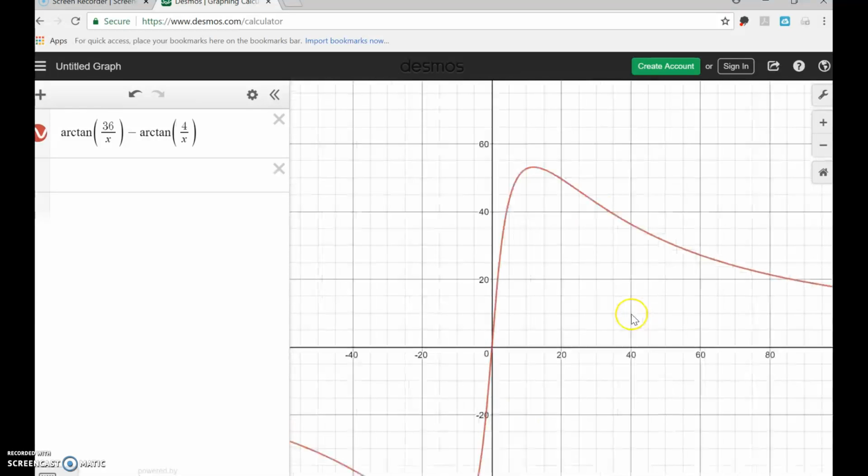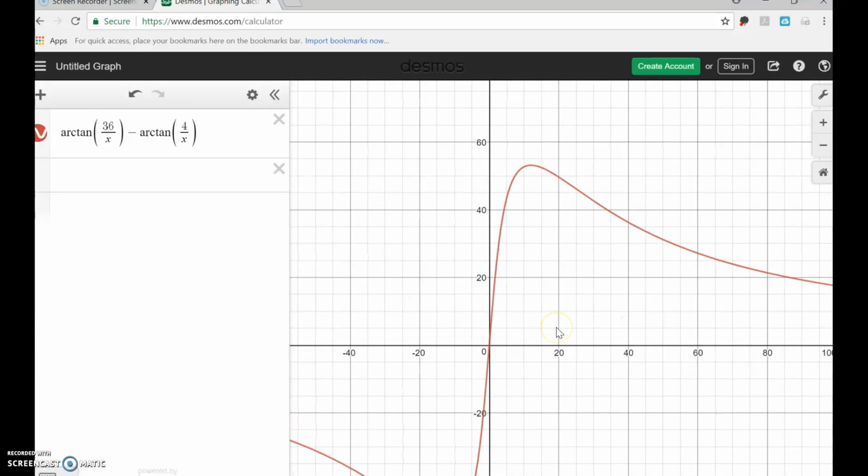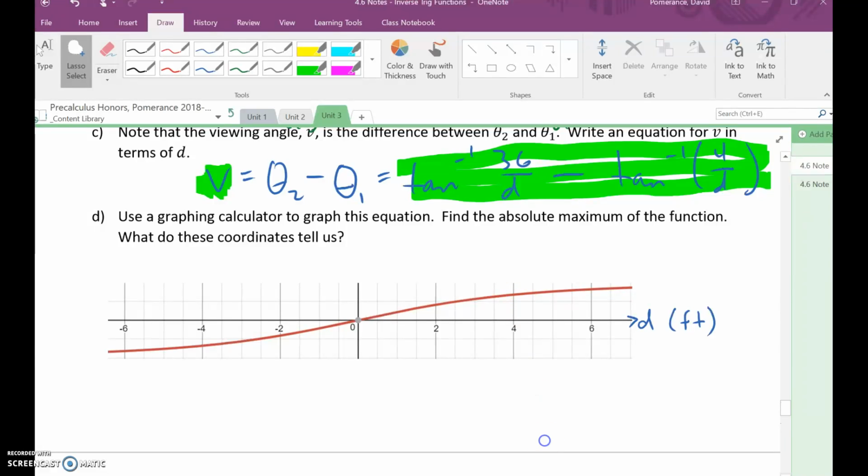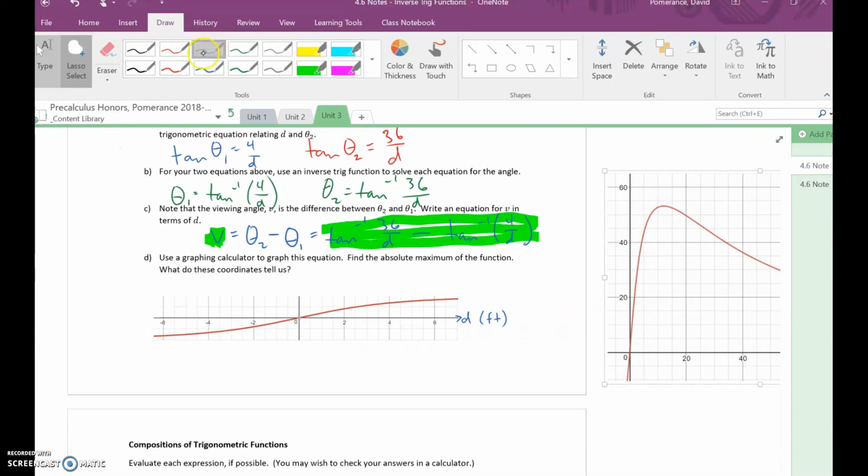And what do we care about? Well, they told us what we cared about. Let's go back and reread the question. I think I got it working again, but at any rate, this was the viewing angle axis measured in radians, which we decided we didn't want radians.